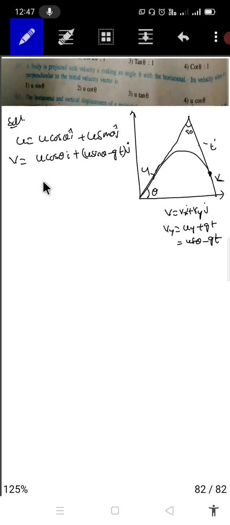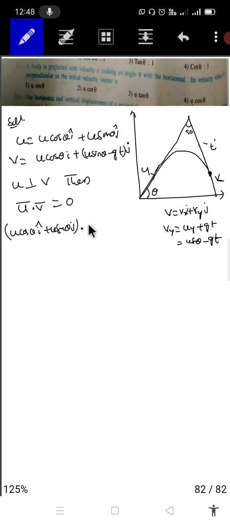Since u is perpendicular to v, u bar dot v bar is equal to 0. This is the u bar: u cos theta i cap plus u sin theta j cap, dot product with u cos theta i cap plus u sin theta minus gt j cap, equals 0.